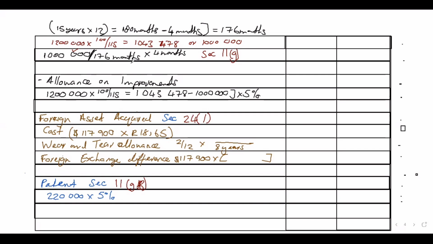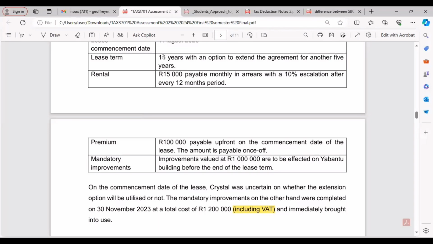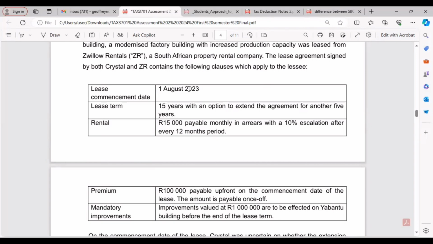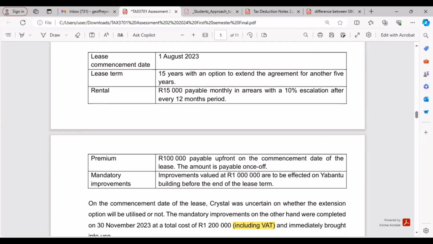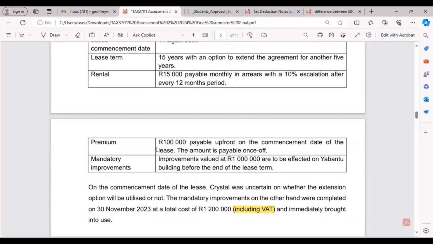So that's where the changing into months comes from. You determine first how many years the lease is for. We said 15. And then you determine, when did you enter the lease? On 21 August. Then they will always give you completion. When did you complete the improvements? 30th November.